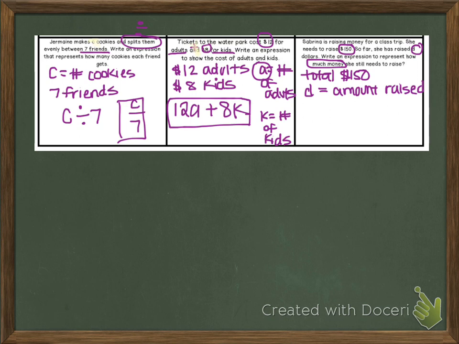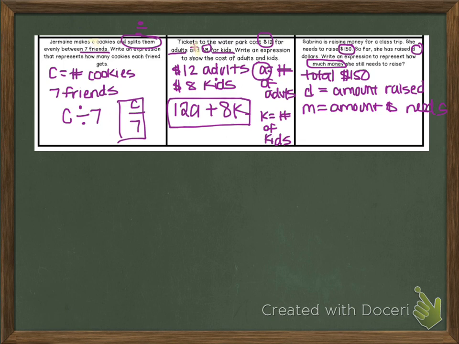So what could we pick? What letter could we pick to represent money? Probably M. M equals amounts of money, right? That she needs. So here we're going to write an expression.